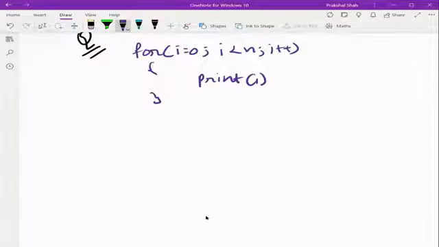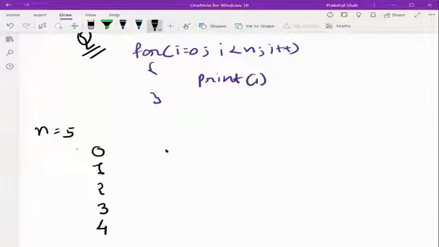Okay, so see, how to tackle this question is, whatever my n will be, this will be my answer. Let's say my n is equal to 5. On the first step it will print 0, the second step it will print 1, third step 2, fourth step 3, and fifth step 4. Can I say that?